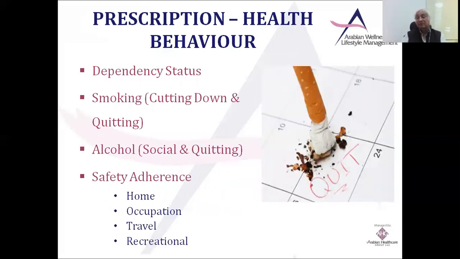And then, modifying behavior, to cut down alcohol, to quit smoking, to avoid narcotics, to adhere to safety at all times, every time. Remember that the older person could have a medical condition, but does that mean that the young individual is immune to mortality?